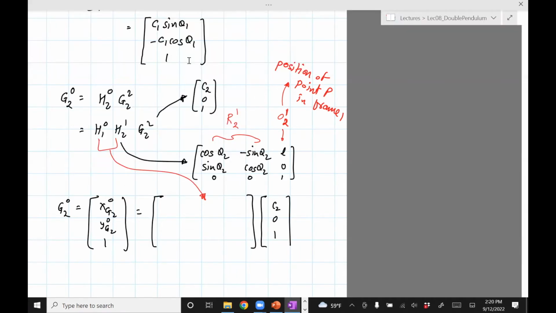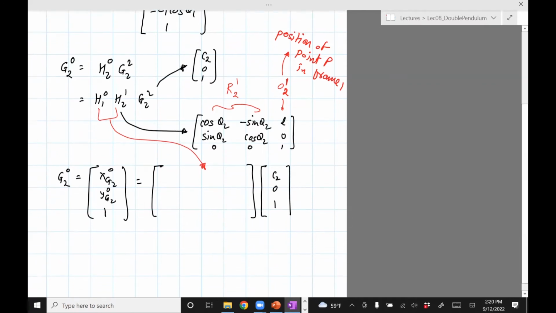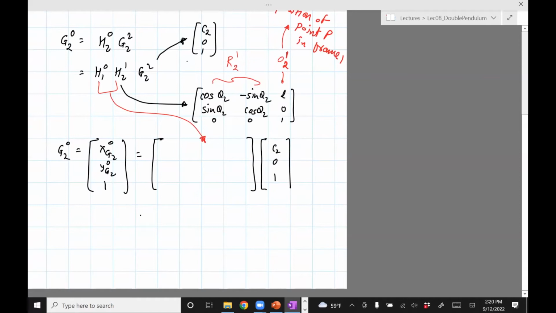Okay, so what happens is when you do this calculation, the equation which comes out from this is L sine theta 1 plus C2 sine of theta 1 plus theta 2, minus L cosine theta 1 minus C2 cosine of theta 1 plus theta 2, and then there'll be a 1.